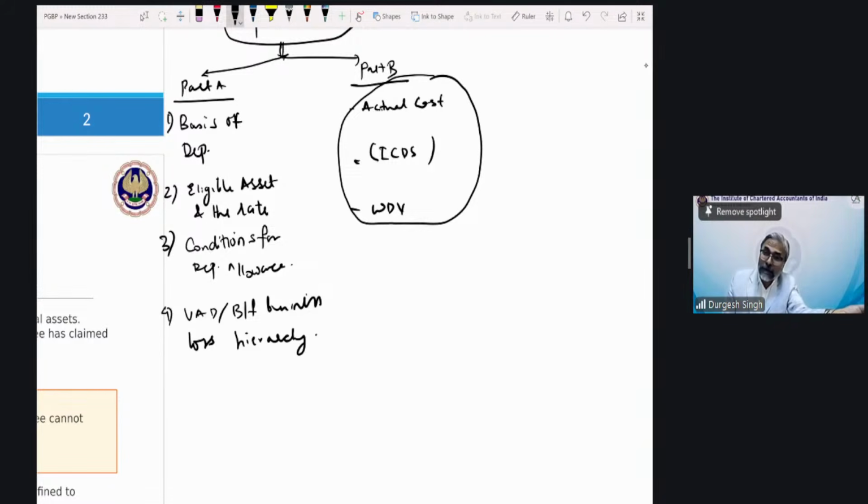Which is the category of the SSC who has still the option to claim the depreciation on the basis of the SLM in respect of their eligible asset? That particular SSC happens to be who is engaged in the power generating, distribution unit or transmission unit. That is the eligible SSC.